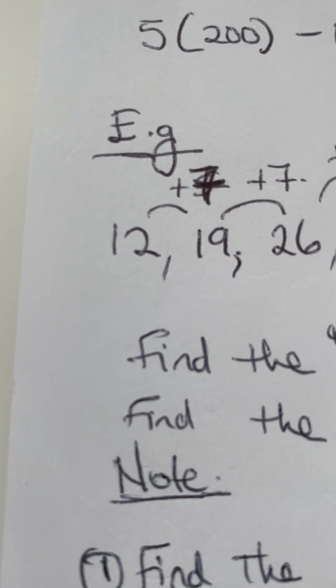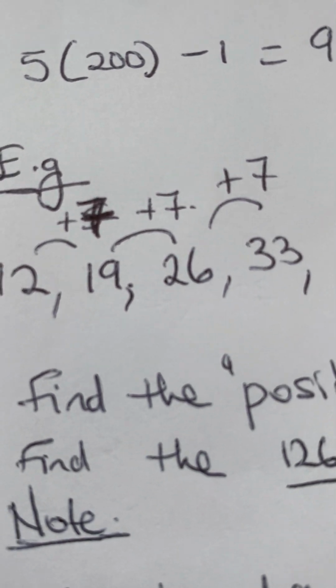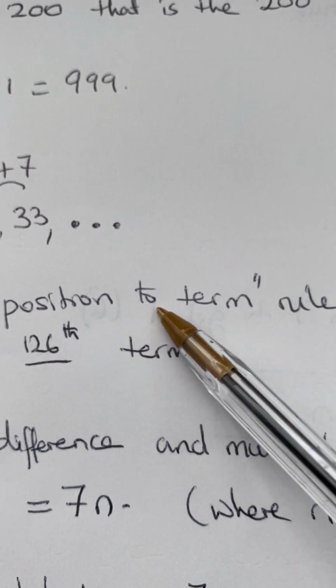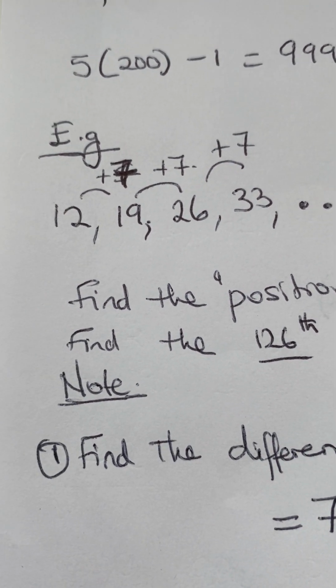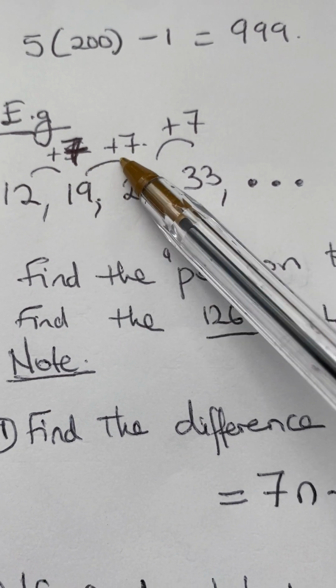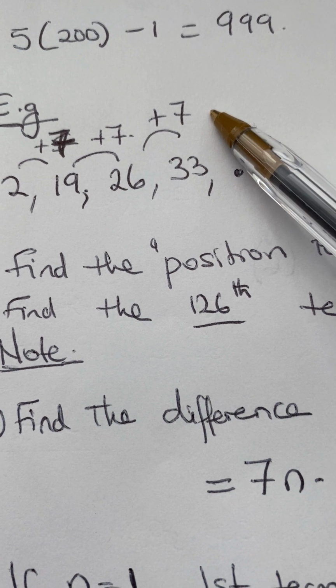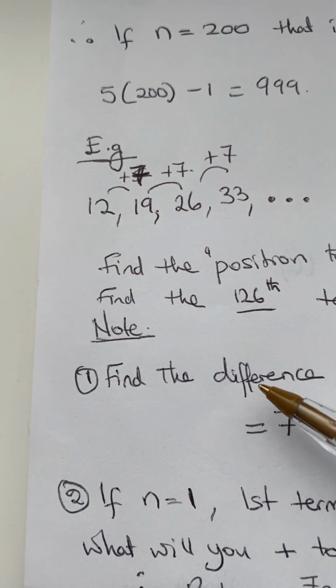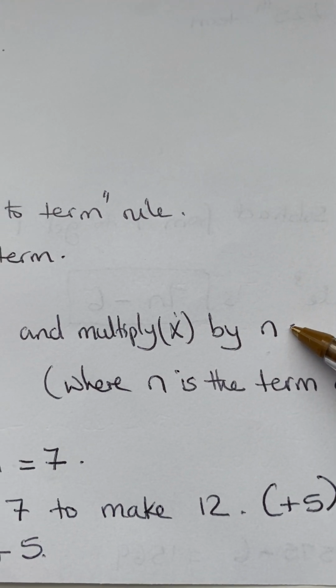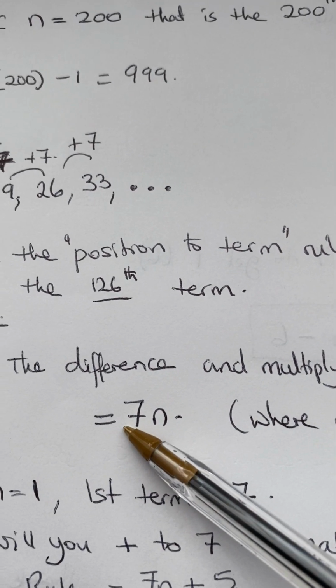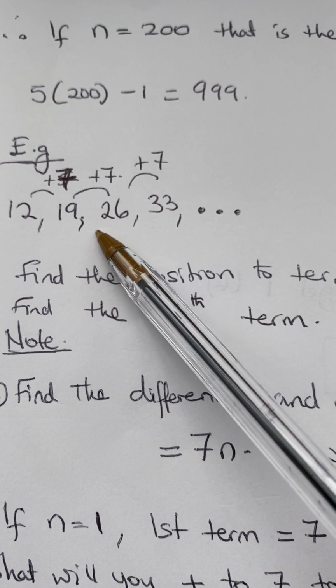First of all, to find the position to term rule, you need to first find the difference, and we realize that it's add 7. So now we find the difference and multiply by n, where n is its position.